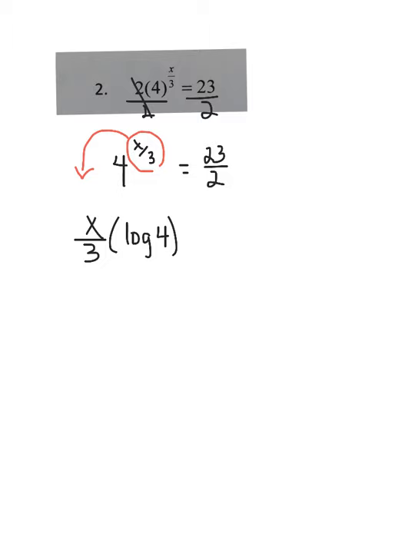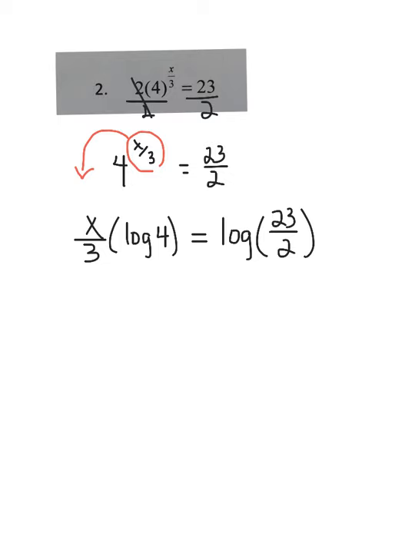Okay, so the opposite of an exponent, or the inverse of an exponent, is a log. And you learned that last year. So that's why we're logging that base. But what you do to one side, just like anything, you have to do to the other side. So that's going to be the log of that base, which is 23 over 2. Okay, don't worry about the log. That's what we have a calculator for.